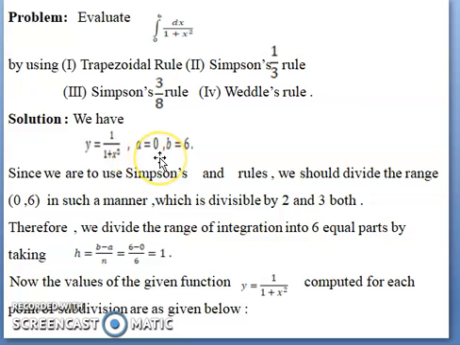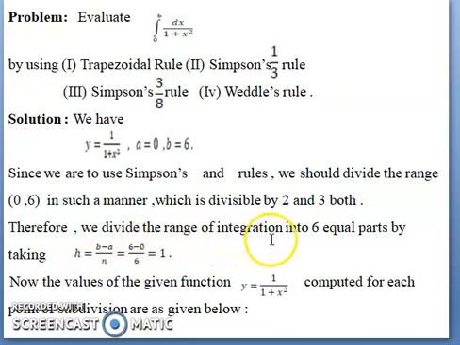Here the lower limit is 0 and the upper limit is 6. Since we are to use Simpson's rules, we shall divide the range 0 to 6 in such a manner that it is divisible by 2 and 3 both.